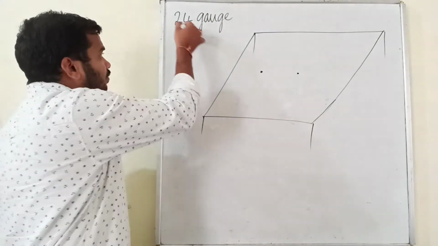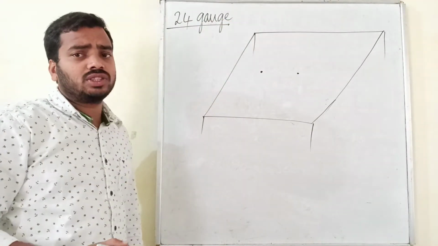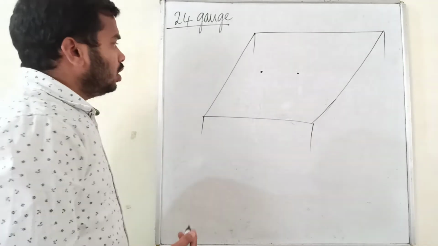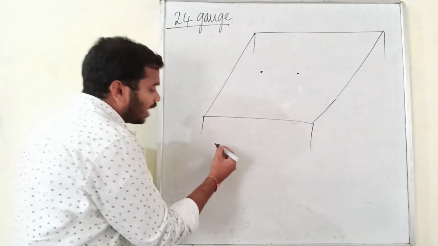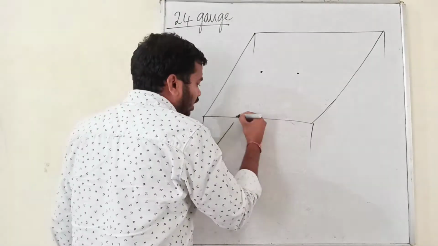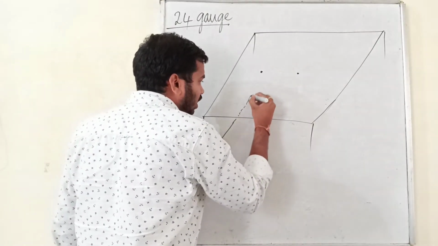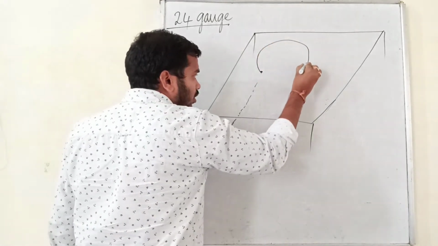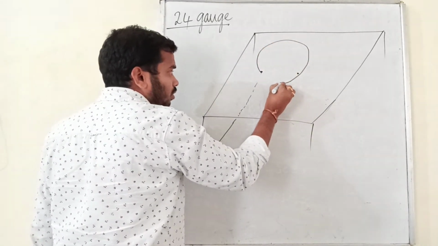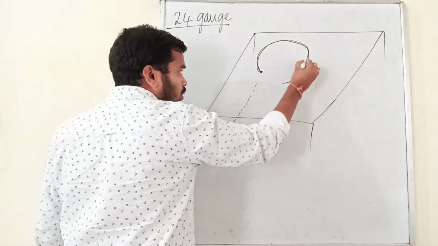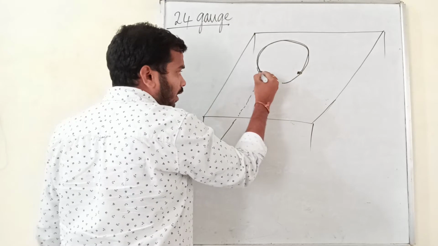So we reduce the thickness of the wire, going for 24 gauge instead of 12 to 14 gauge. Now this wire has to be taken from the bottom of the plank, passed through one hole, taken out, and again passed to the other hole which we made in the plank.